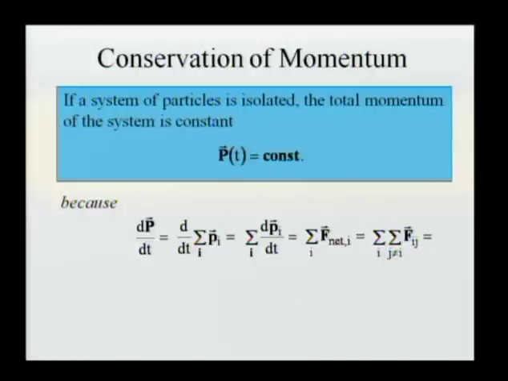So that sum actually contains all possible combinations. Now, addition of vectors is commutative and associative, so I can regroup the terms. What will happen if I bring force 1, 3 and 3, 1 and associate them? They will add up to 0.